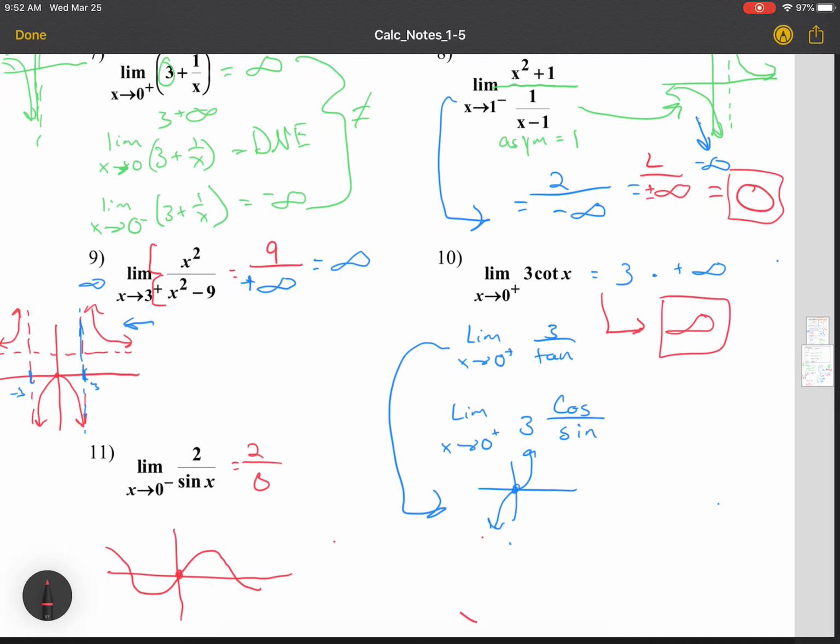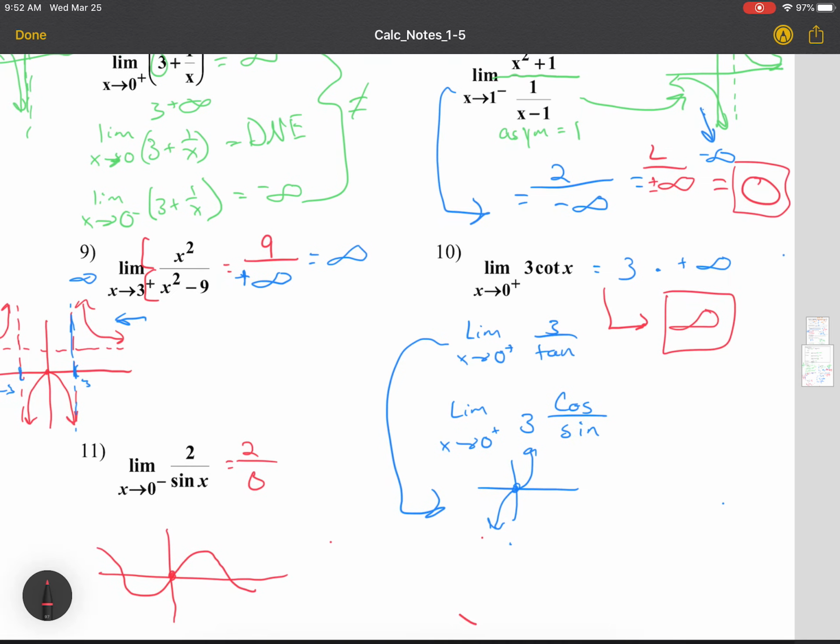So when we have 2 over 0, and this is the other thing, we have to recognize that this is coming from the negative side. So you could think about this as being like a negative 0. It's coming from the negative side, so we know that it's going towards negative infinity.